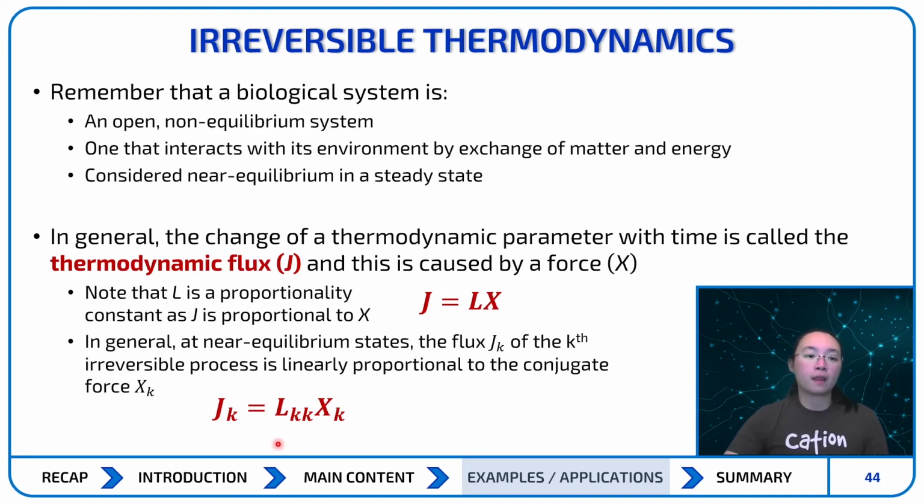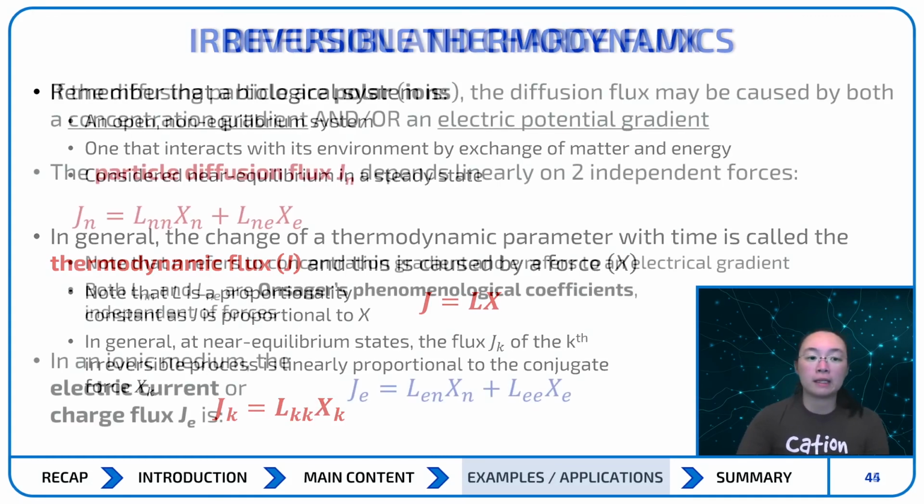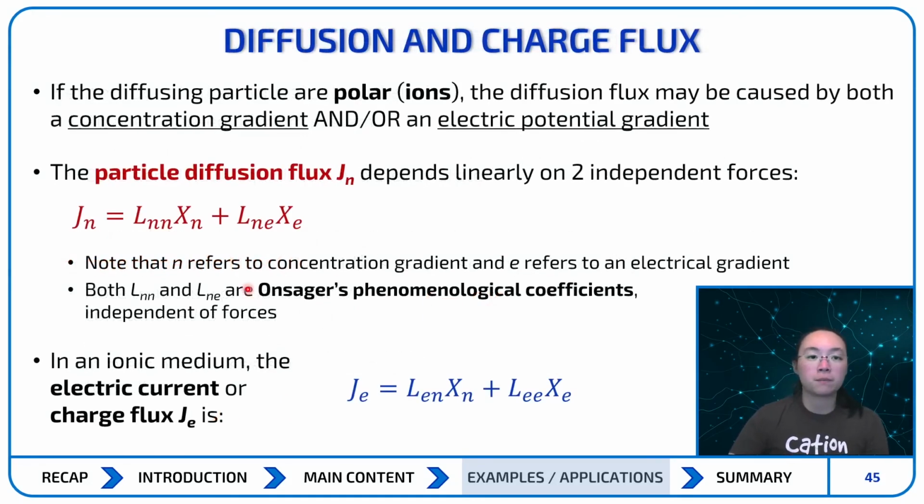Simply put, if you have an irreversible process called K, then the flux for that irreversible process is equal to some constant based on that irreversible process multiplied by the thermodynamic force experienced by that process. We're going to take a little bit of a deeper look into this.